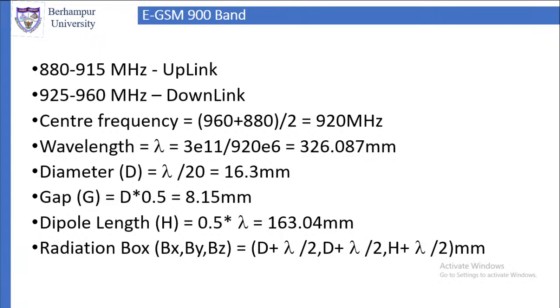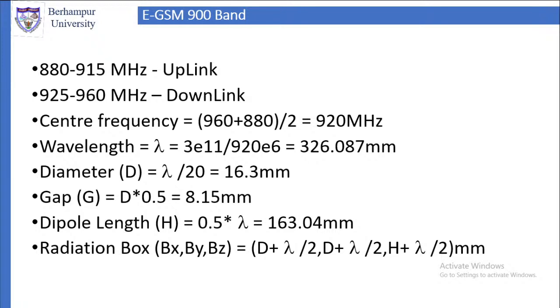Now the lowest frequency is 880, the highest frequency is 960. So (880 + 960)/2 is the center frequency, equal to 920 megahertz. So we should design an antenna which resonates at 920 megahertz.